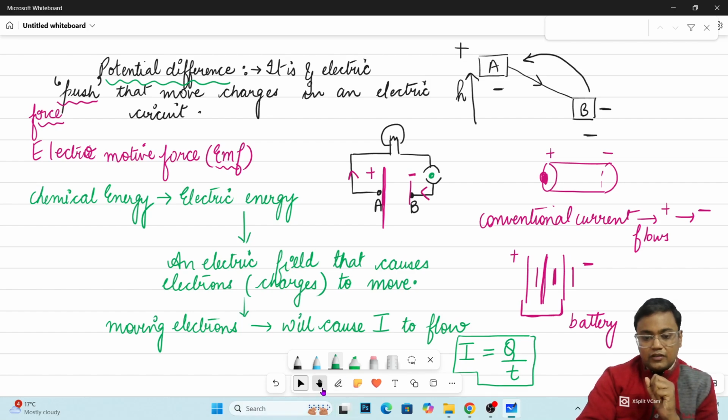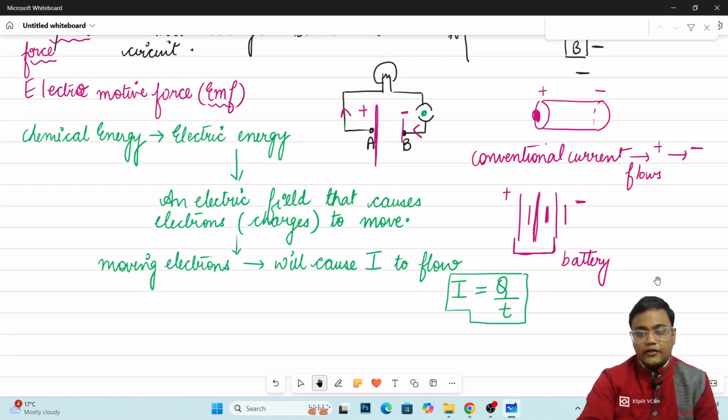And with the passage of time, children, this cell or a battery will exhaust. अभी हमेशा ही थोड़ी ना पुश देती रहेगी, समय के साथ ये खर्च भी होगी और ये ख़त्म हो जाएगी. It will get exhausted. All the chemical energy will be consumed, will be converted into electric energy, and that energy again, वो energy कहाँ जाएगी?